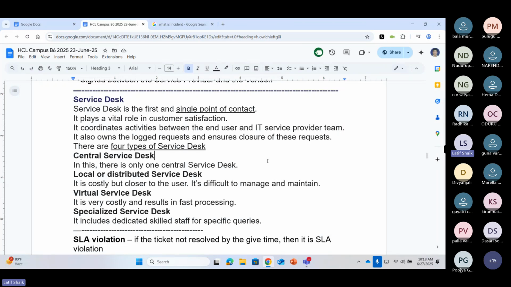So it depends. In a very big business company, it is always dedicated employees. These people work with this particular client only, one single client only. Some people work with multiple clients, some people work with a single client.